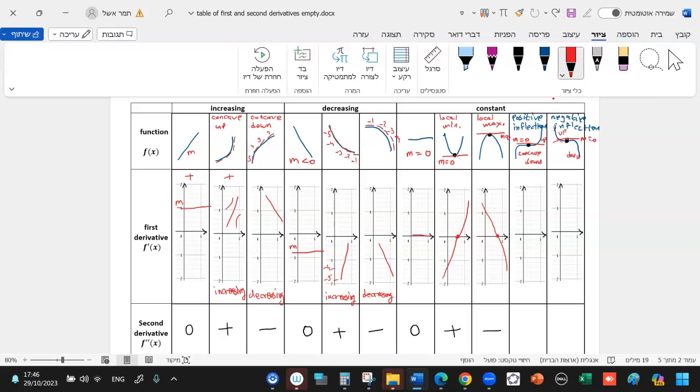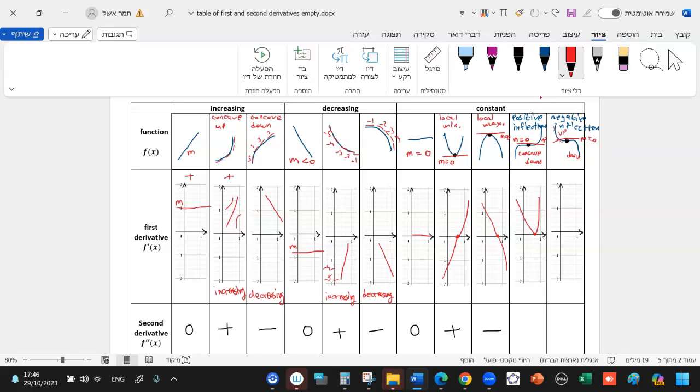The first derivative looks like this. When we have positive inflection, the gradient is positive, that goes down to 0. This is the point of inflection, and after this point of inflection it goes up again.